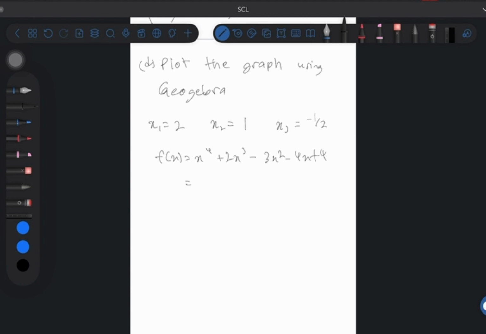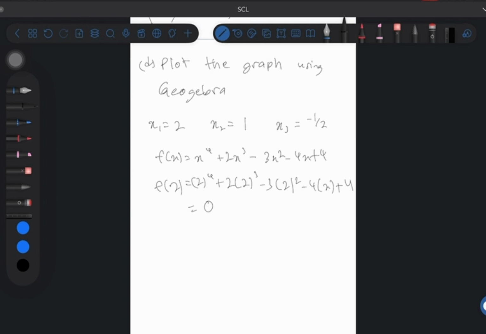For the first critical number, 2, we are going to substitute all the x with 2, plus 4. If you use the calculator, we get 0.